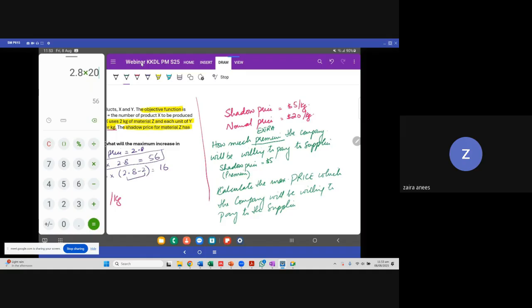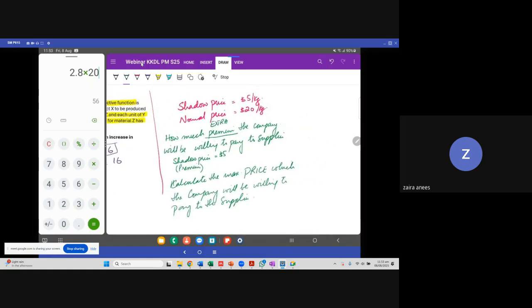So the maximum price, how much maximum price can you pay? The maximum price you can pay is 25.